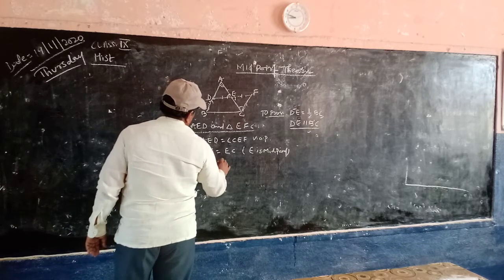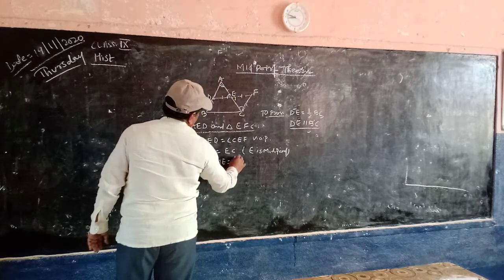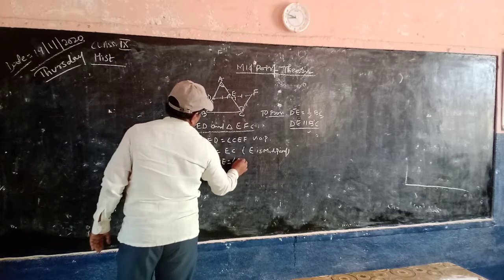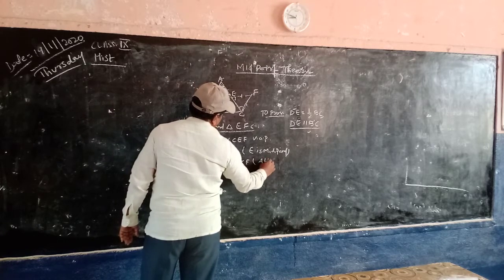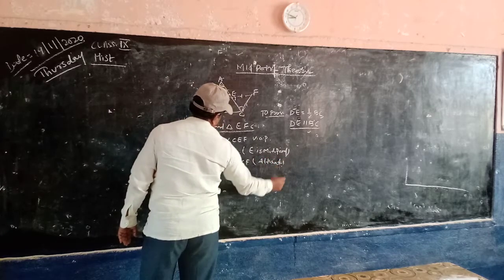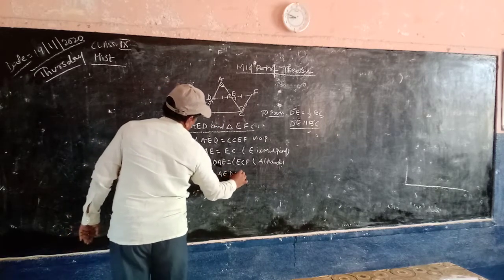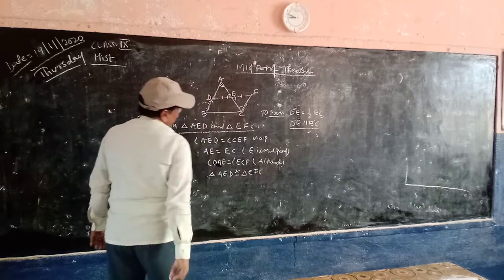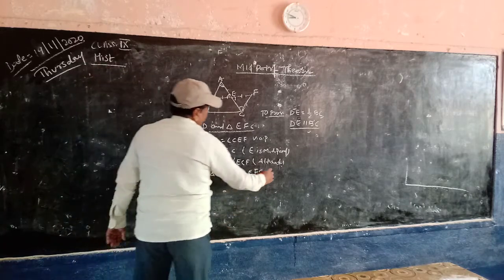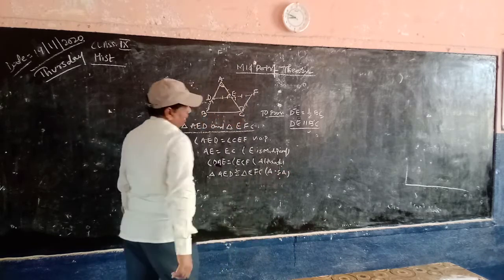Angle DAE equal to angle ECF, alternate angles. Here triangle AED is congruent to triangle EFC by ASA.